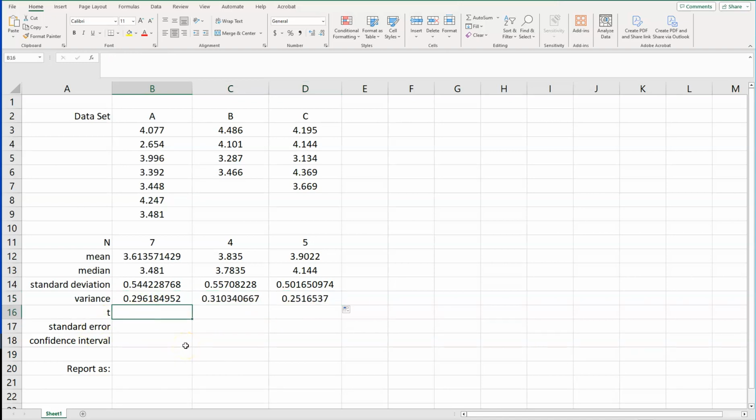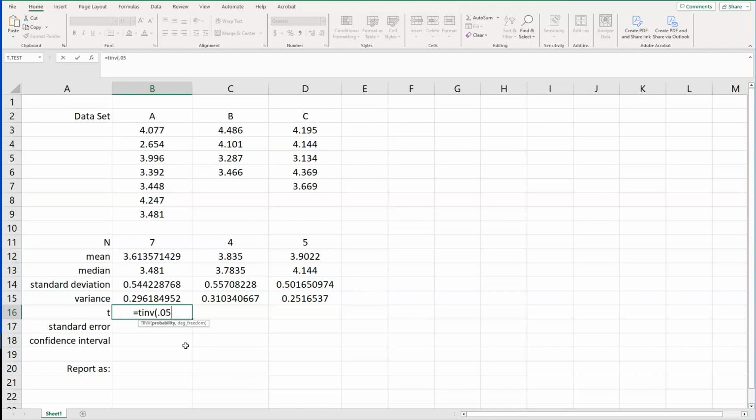I'd like to have a critical t-value for 95% confidence for each of these, given the number of degrees of freedom that I have with each data set. This is going to help me calculate the 95% confidence interval. And in Excel, you can use the t-inverse function, TINV. And you put in the probability that you'll be wrong.